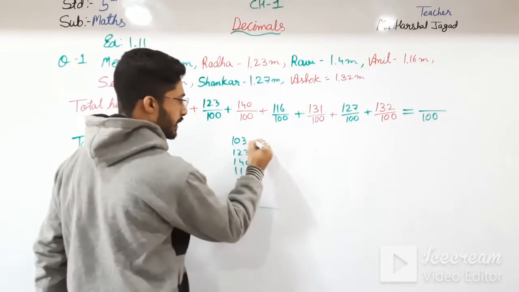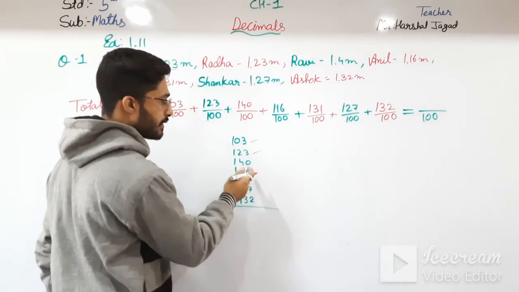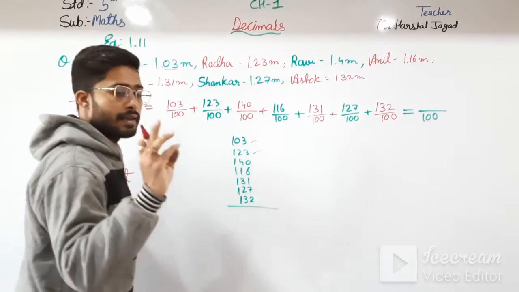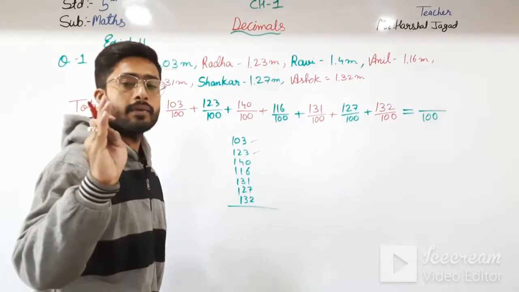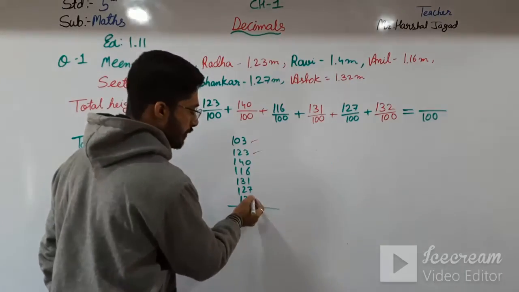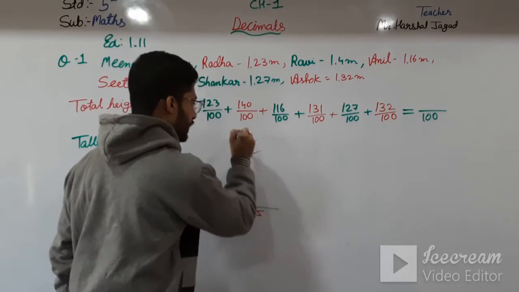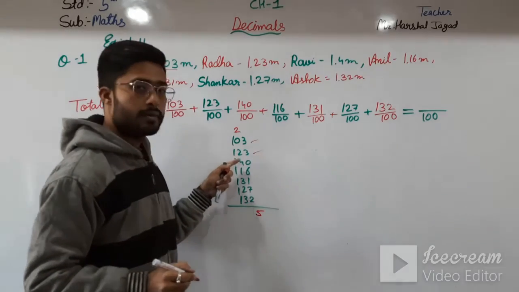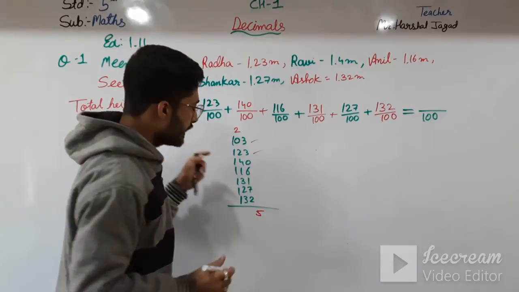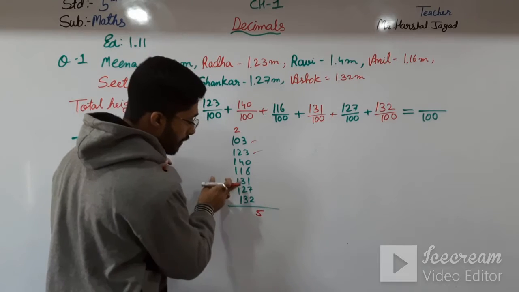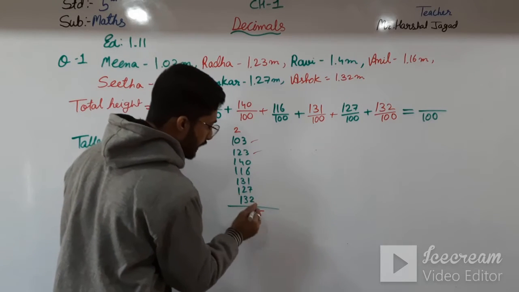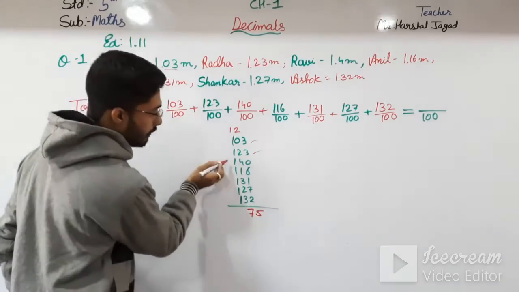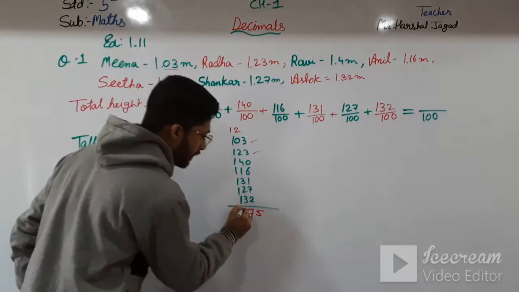That is 3 plus 3, 6, 6 plus 6, 12, 12 plus 1, 13, 13 plus 7, 20, 20 plus 2, 22, 22 plus 3, 25. So here that is 25. 2 plus 0, 2, 2 plus 2, 4, 4 plus 4, 8, 8 plus 1, 9, 9 plus 3, 12, 12 plus 2, 14, 14 plus 3, 17. So here 7, here 1, 1, 2, 3, 4, 5, 6, 7, 8.